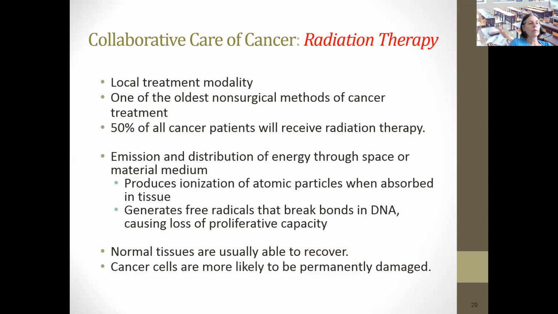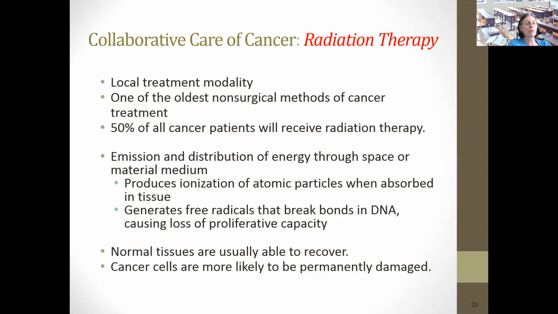The amount of radiation we give depends on the patient's body surface area, the type of cancer they have, the susceptibility of that cancer to radiation, how much emission the radioactive element that we're using has, and how much of it's distributed. The radiation produces ionization of atomic particles when it's in the tissue.